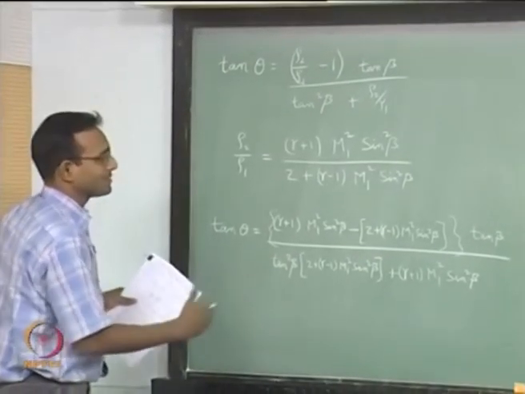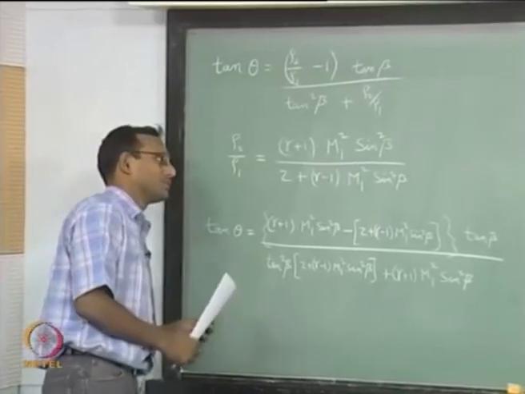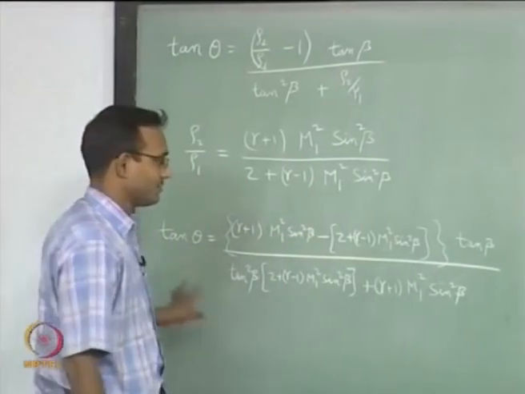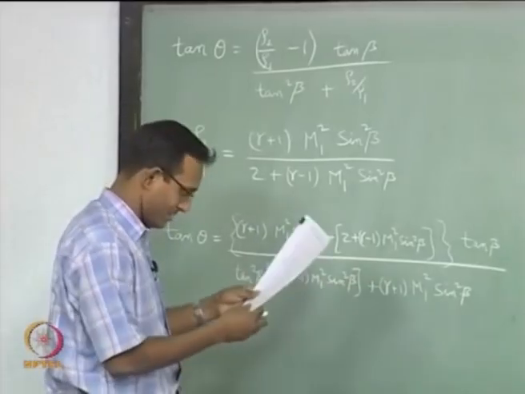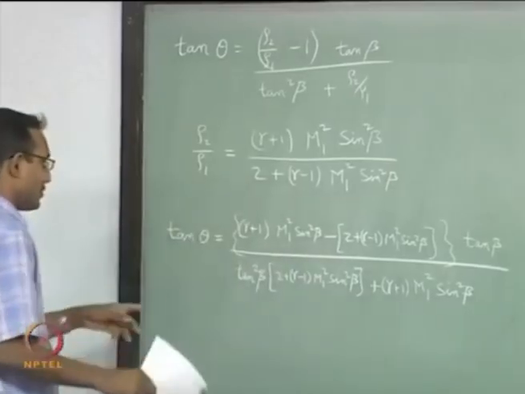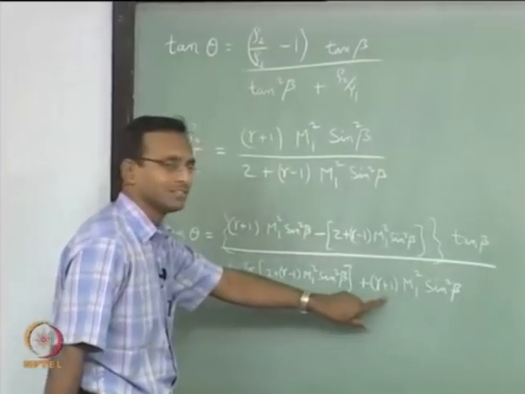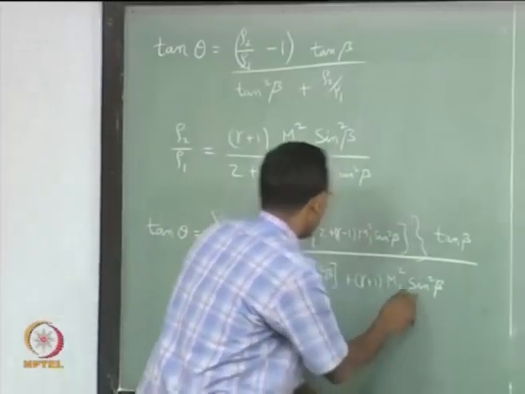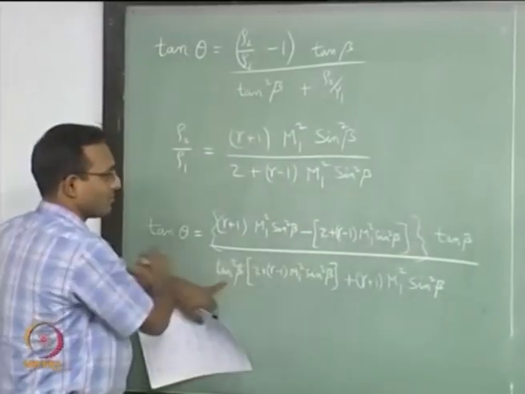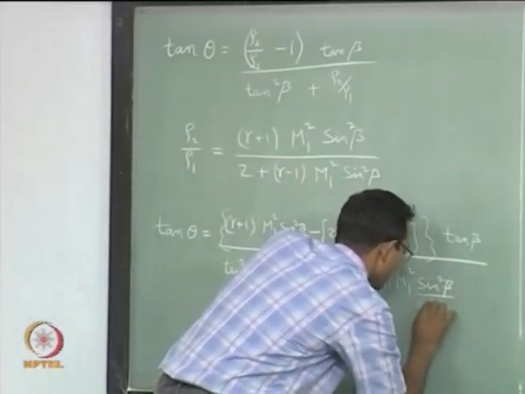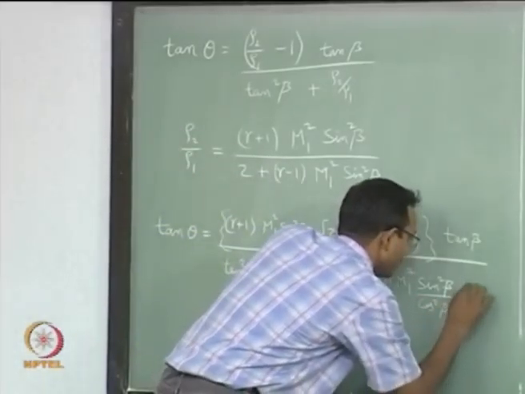First simplification which I want to do is take this tan beta to the denominator. Let us not do it that way, because this term does not have a tan beta in it. So, I want tan square beta taken common for the whole denominator. I will just rewrite this as cos square beta into cos square beta.